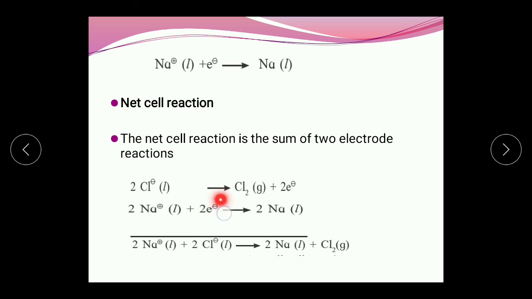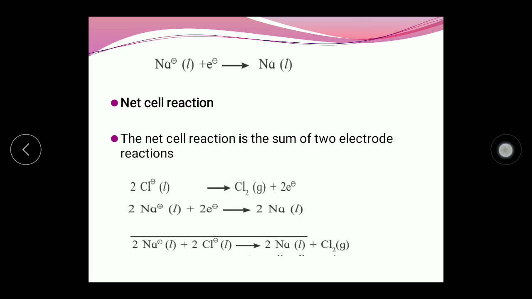That means 2 electrons from the left side and 2 electrons from the right side are cancelled, and totally it will become 2 Na plus plus 2 Cl minus gives 2 Na plus Cl2. 2 Na, that means neutral sodium, plus neutral chlorine. So this is the total result of electrolysis of molten NaCl.